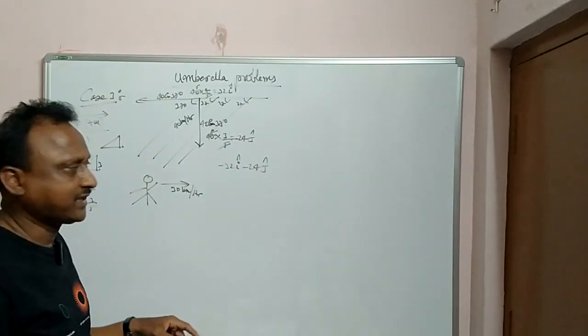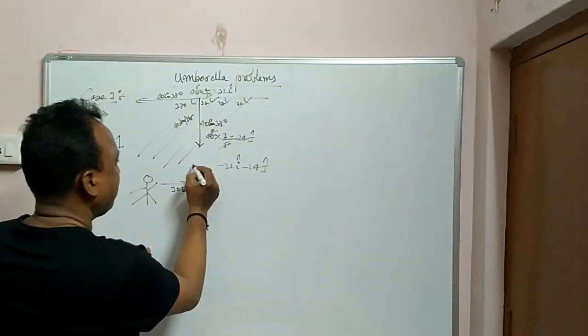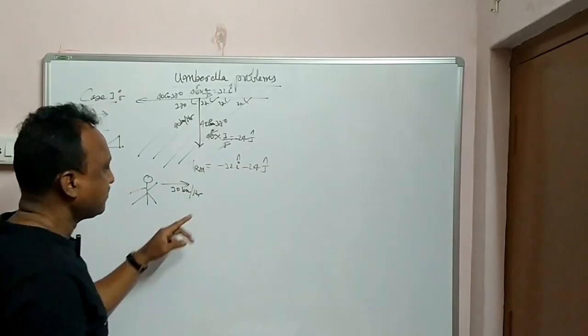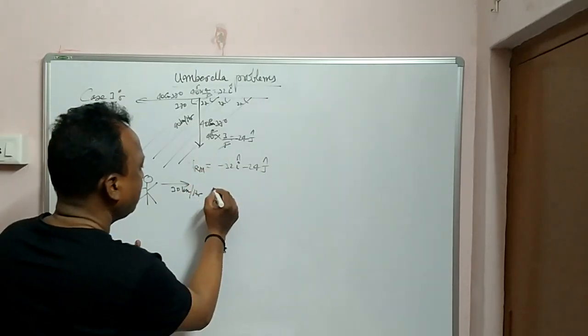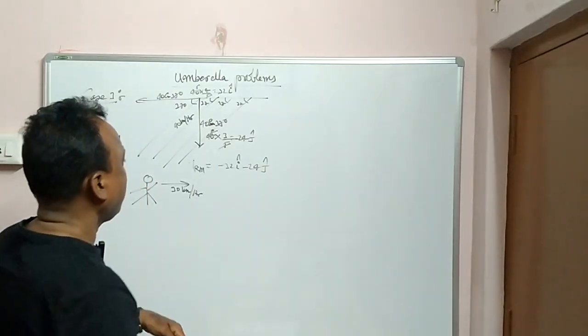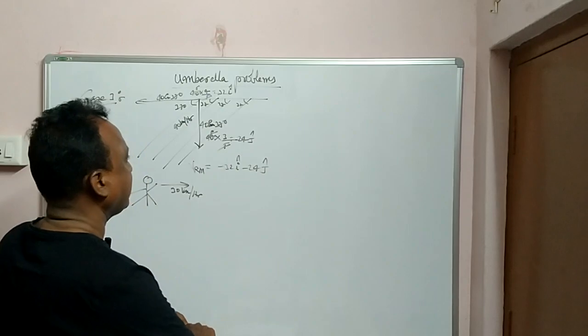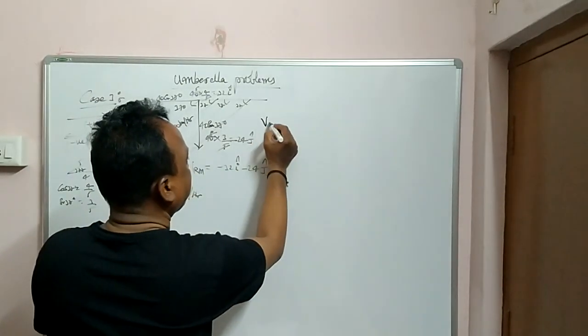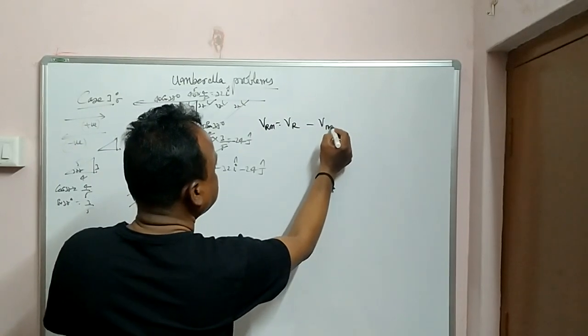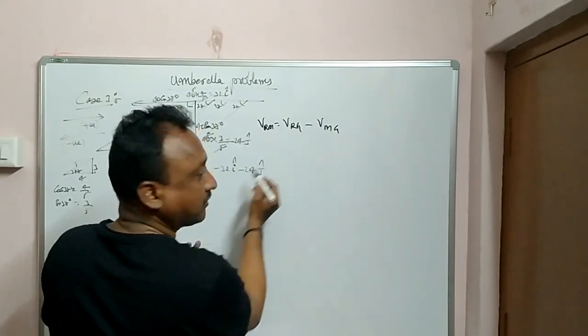This is the vector notation of the rain falling, that is the velocity of the rain with respect to the ground. The general formula I have already given you: velocity of rain with respect to man is velocity of rain minus velocity of man with respect to ground.